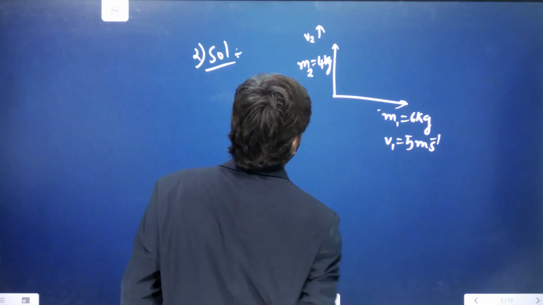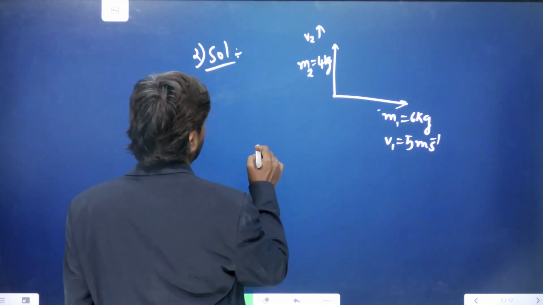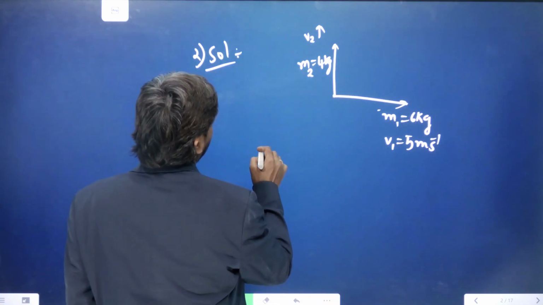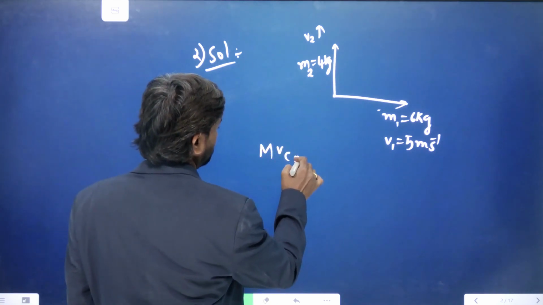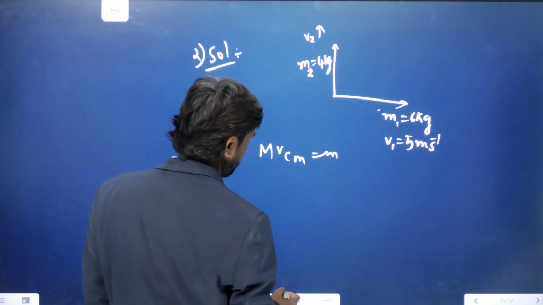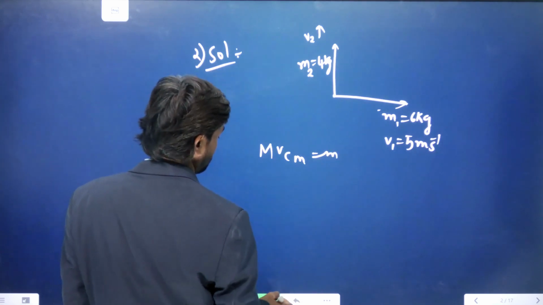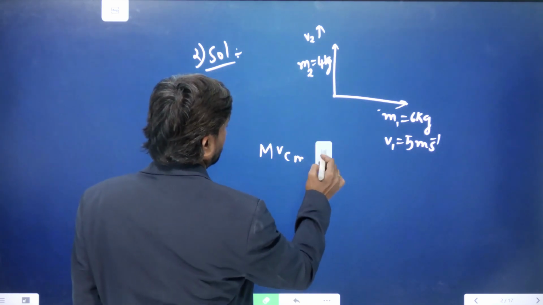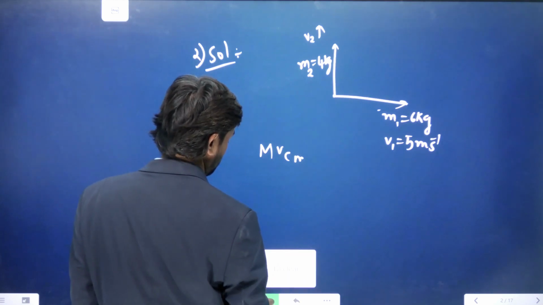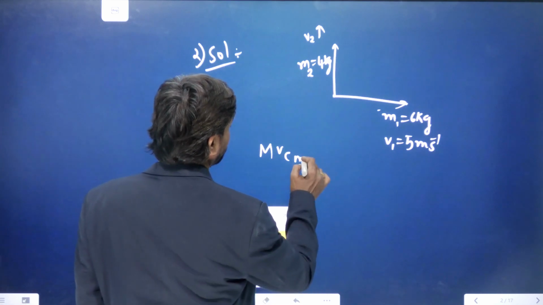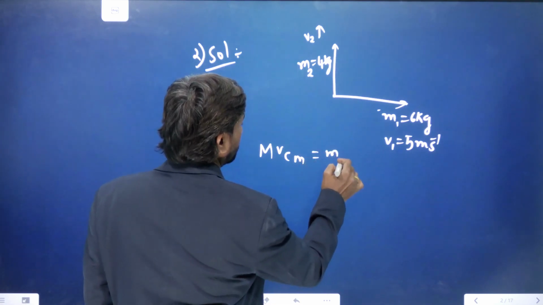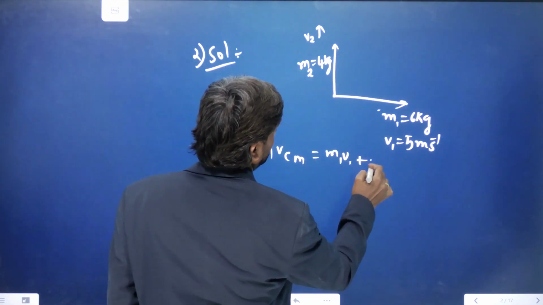So the momentum of center of mass we can write like this: M1 V1 plus M2 V2.